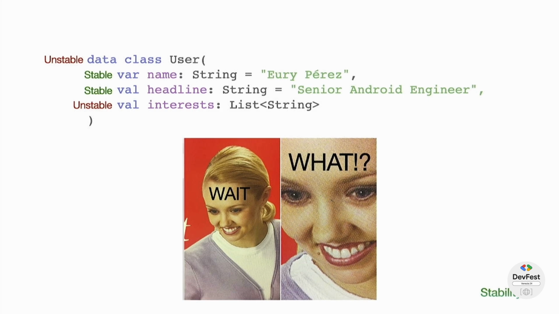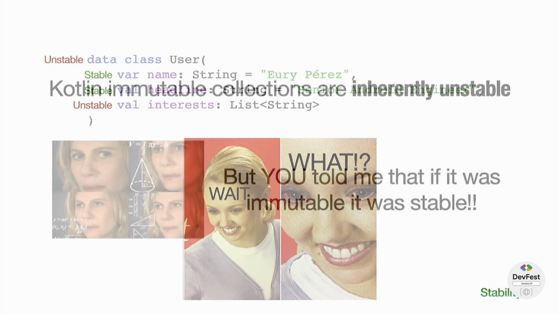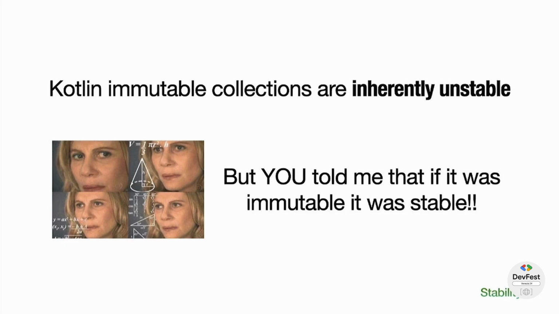So what happens? Okay, so let's go step by step. So immutable collections like list, set, and others are inherently unstable, right? But why? Because, this goes against what I said before.